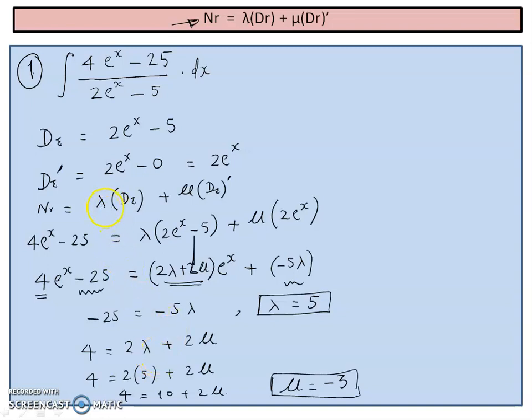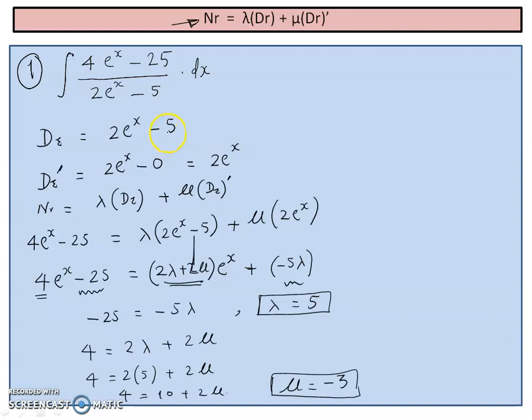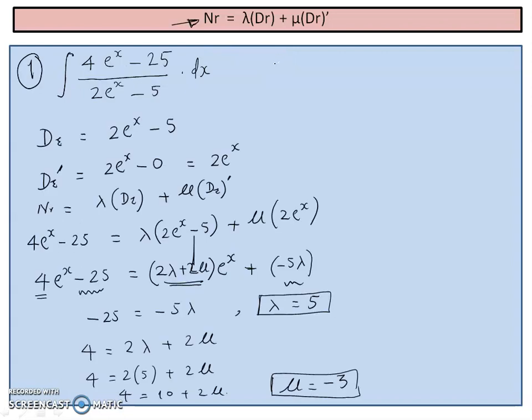So numerator will be equal to lambda times denominator plus mu times derivative of the denominator. So what is the numerator? Numerator is 4e raised to x minus 25, which will be lambda, how much lambda did we get? 5, into bracket, denominator 2e raised to x minus 5, plus mu times, mu means minus 3 times, derivative of denominator.